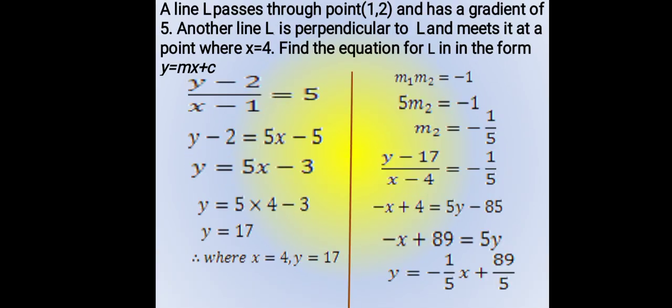A line 1 passes through point 1, 2 and has a gradient of 5. Another line 2 is perpendicular to line 1 and meets it at a point where x equals 4. Find the equation of line 2 in the form y equals mx plus c.